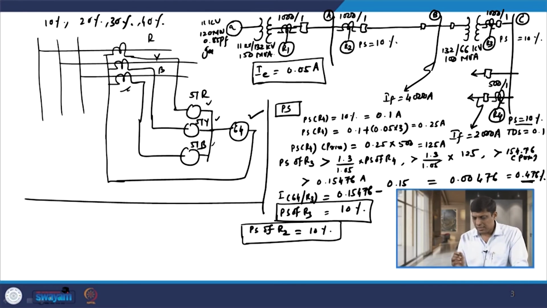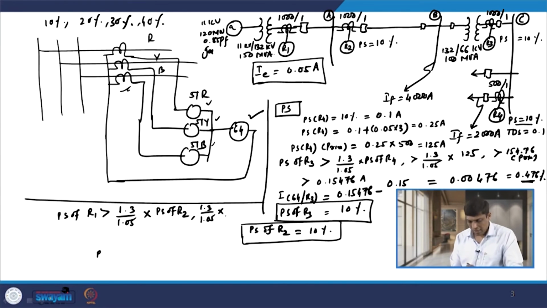Now, let us decide the plug setting of R1. So, the plug setting of R1 is given by greater than 1.3 into 1.05 into the plug setting of R2. Now, what is the plug setting of R2 given? That is 10%, which means 0.1 ampere.